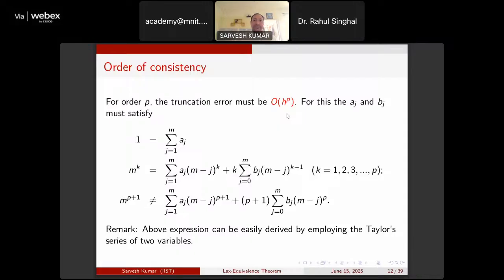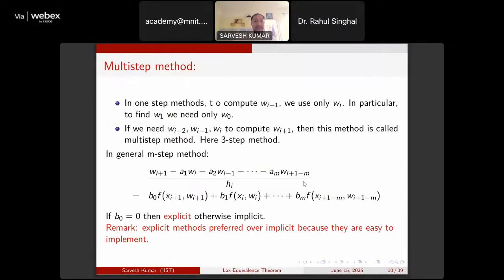So if you improve the order of the truncation error, that would be reflected in the order of convergence. That's a very big achievement, in the sense that you can improve the order of convergence as you wish by choosing suitable a_i and b_j, which are the real numbers here.